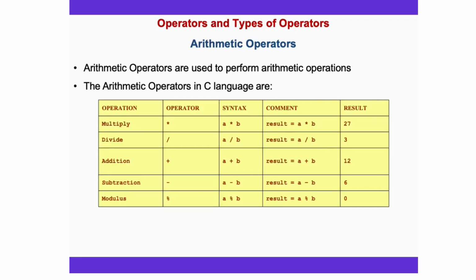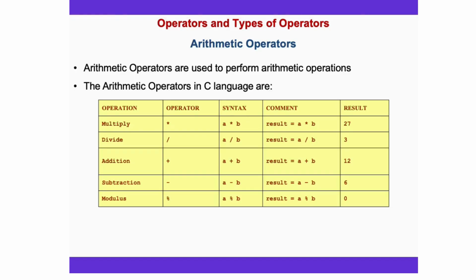First, we are going to see about arithmetic operators. Arithmetic operators are used to perform arithmetic operations. The symbols are asterisk, division, plus, minus, and modulo.